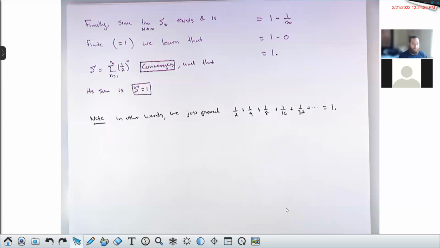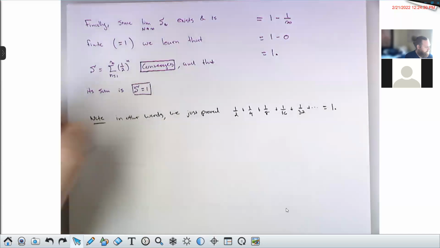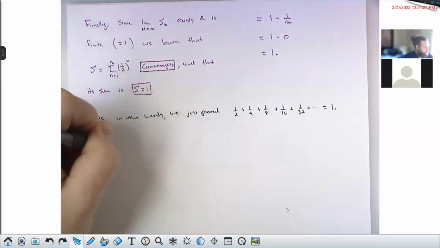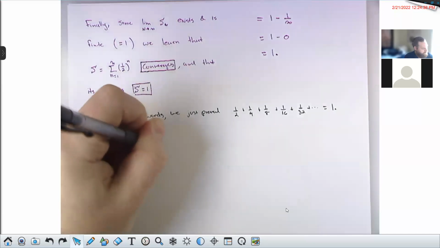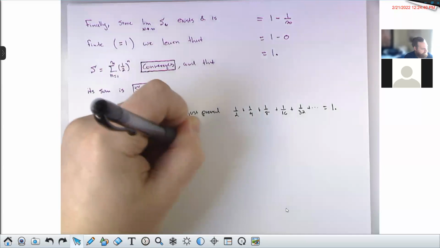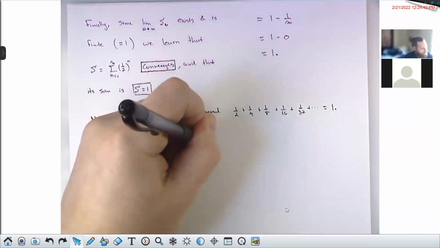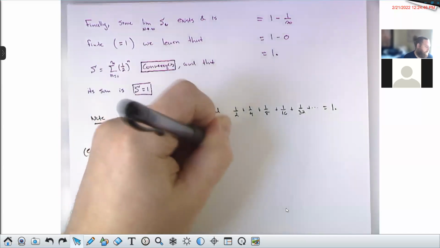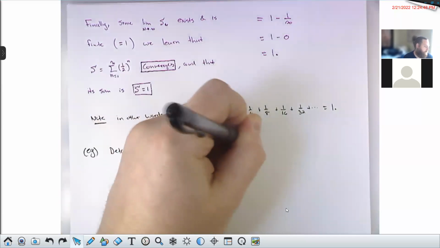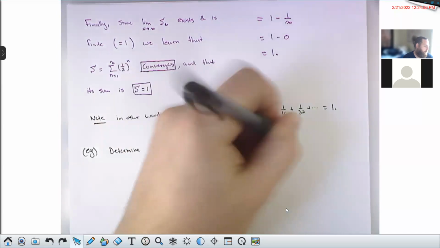So yeah, good stuff, right? Let's look at the other one. Another: S equals sigma n from 0 to infinity of (-1)^n. Does it converge or diverge?